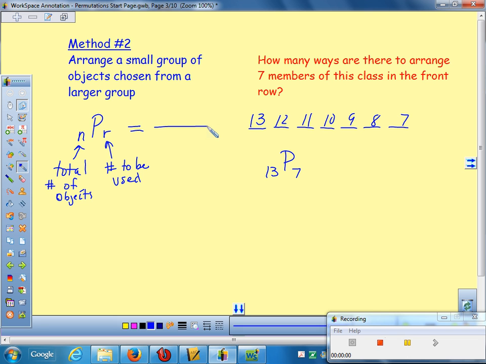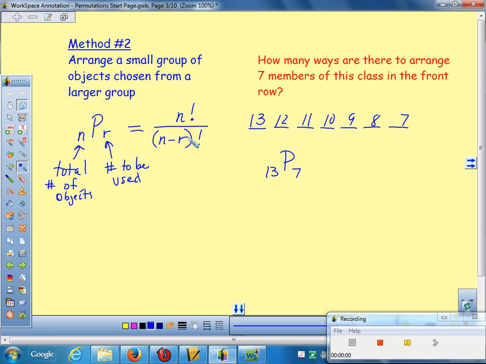To calculate a permutation of n things taken r at a time, it's going to do the total factorial, and then it's going to divide, and this is the part that at first is going to seem weird, it's going to divide by what you get when you subtract those two numbers. Now that seems strange. Why would it subtract them?